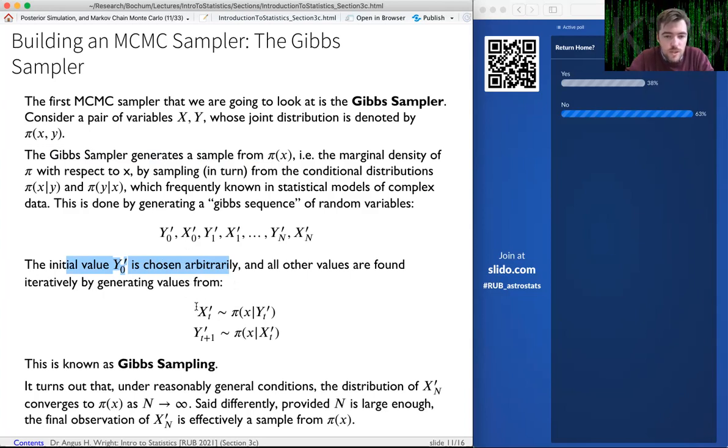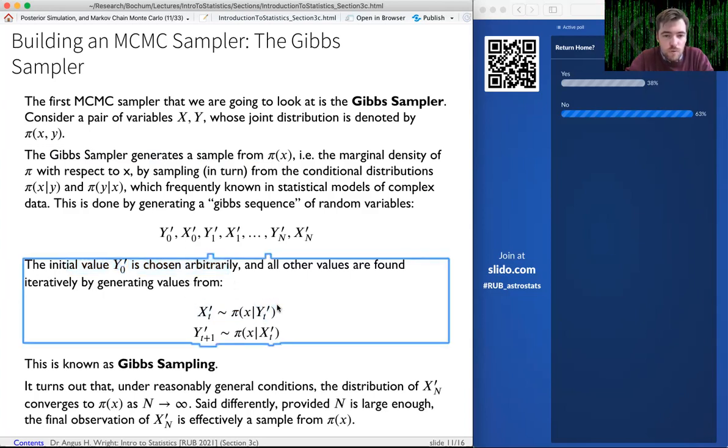The iteration proceeds like this: x of t is sampled from the conditional distribution of pi x given y of t, and the y variable is then drawn from the conditional distribution given the x variable we just created.